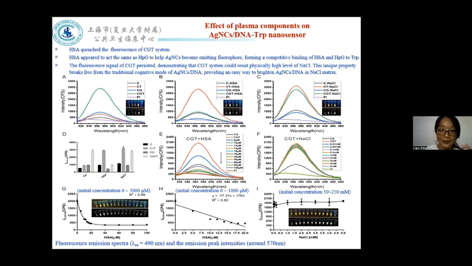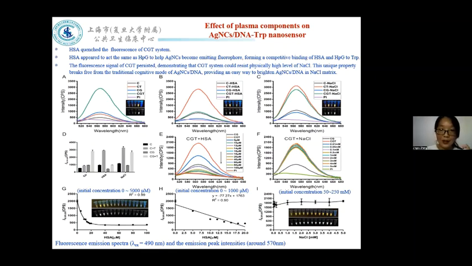What's more important is that the silver nanoclusters possess fluorescence emission in the matrix of sodium chloride.